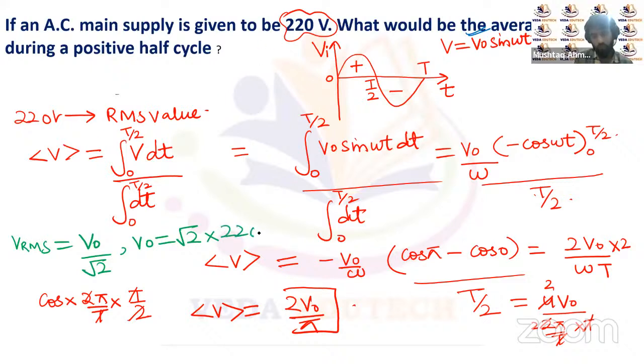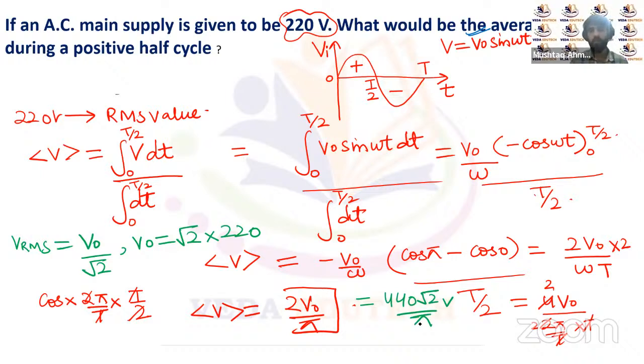So we can replace it with this, and it will be 440 root 2 upon pi. So this much will be the actual answer for this question, the average EMF during a positive half cycle.